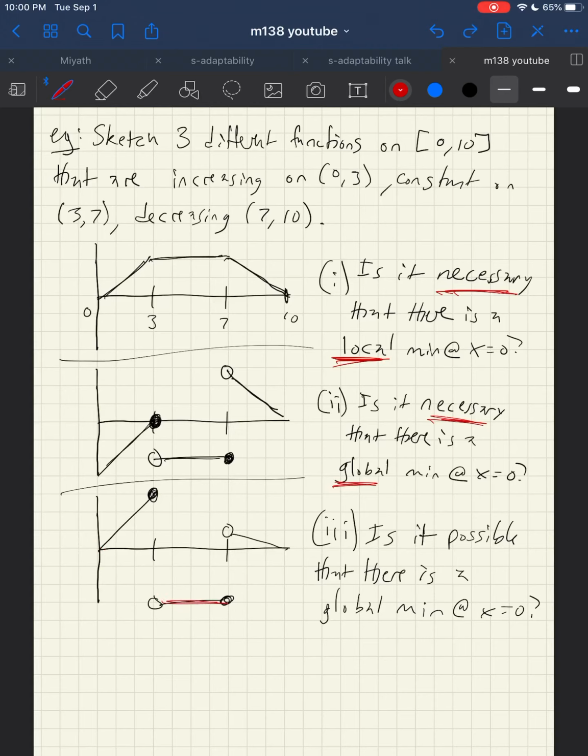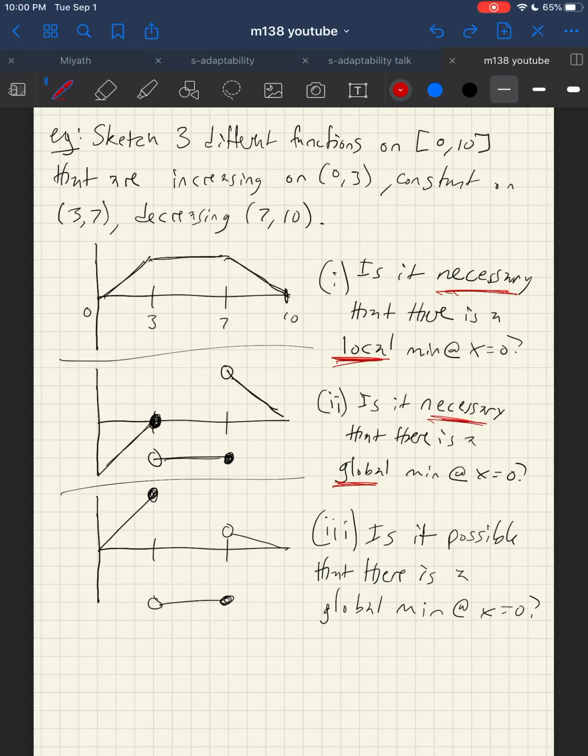The reason this one doesn't have a global minimum is because there are many minima that are all the lowest. So I guess there's no minimum because it's not ever a lowest point. It's just a bunch of stuff that's tied for the lowest. We're not going to fuss too much about that because, depending on which textbook you look at, people say different things. But the point is, there's definitely not a global min at this point on this function.